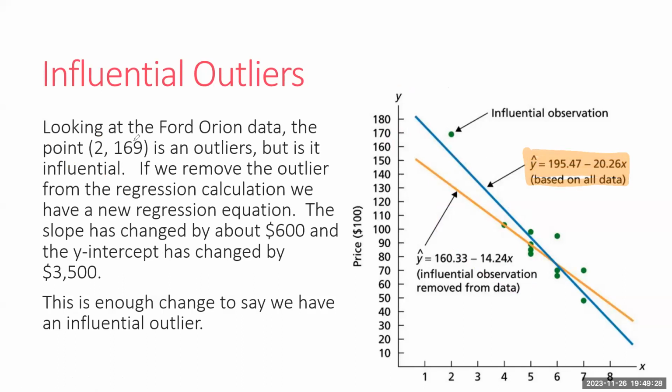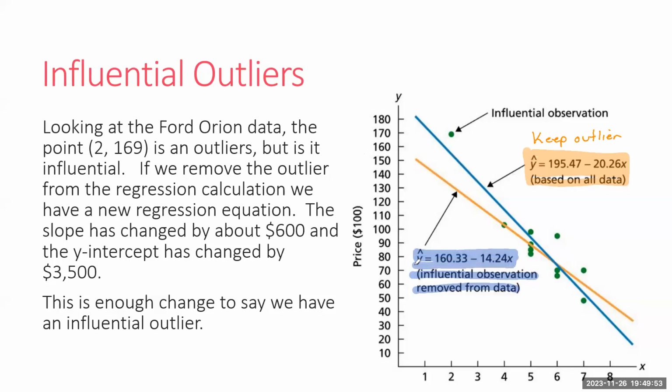So that is if I keep the outlier. If, however, I remove the outlier, which is what I do down here, so influential observation removed from data, or possibly influential.